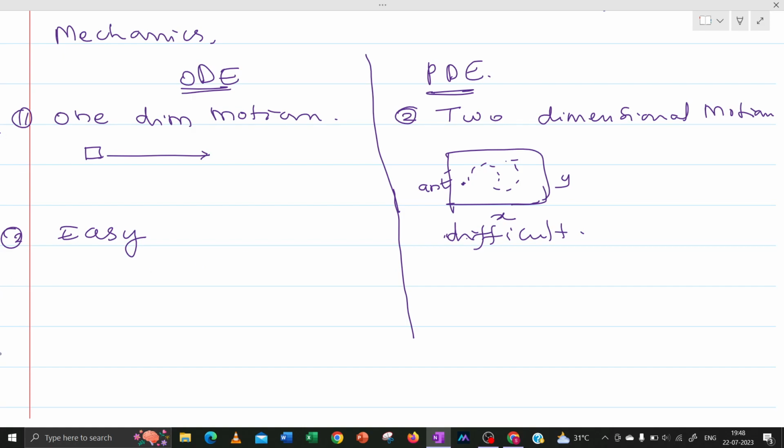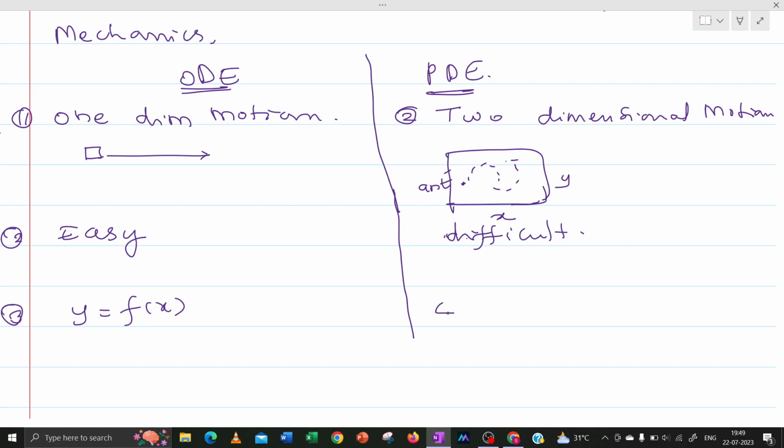The third point: for an ordinary differential equation, the function should be a function of one variable. That means there should be only one independent variable and only one dependent variable.